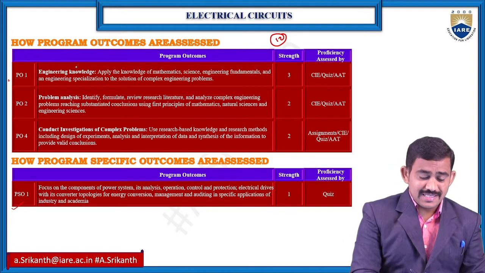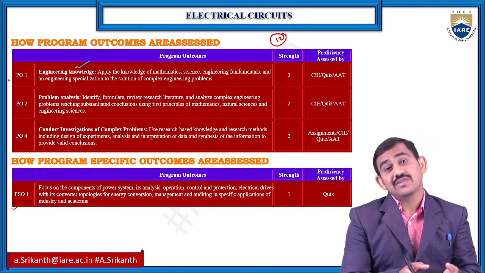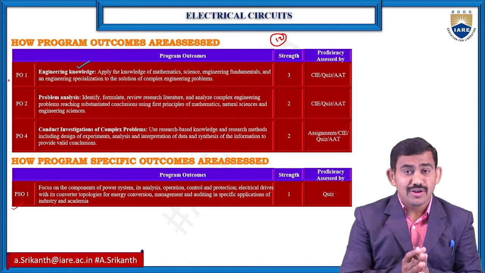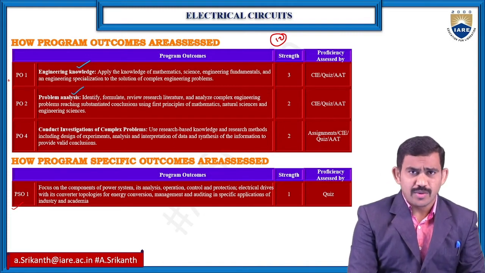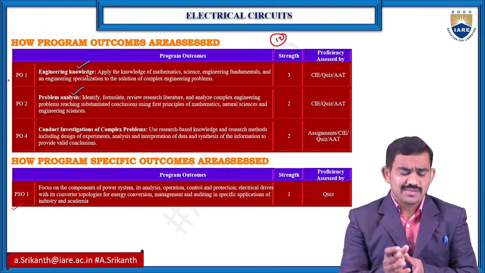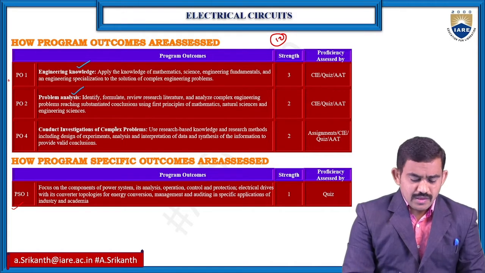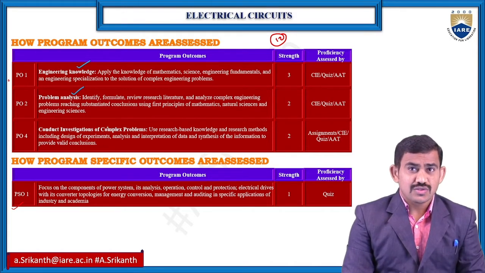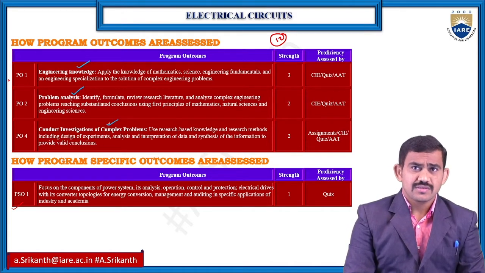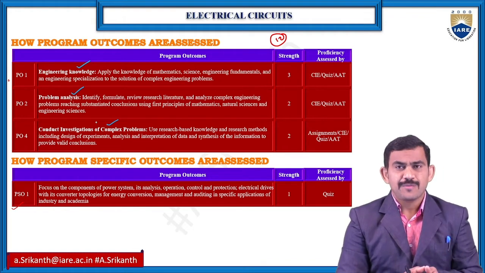In that, engineering knowledge is a basic one. A basic subject means I require engineering knowledge as well as some problem analysis. We also have some complex networks in electrical circuits. So I mapped with 3 POs.